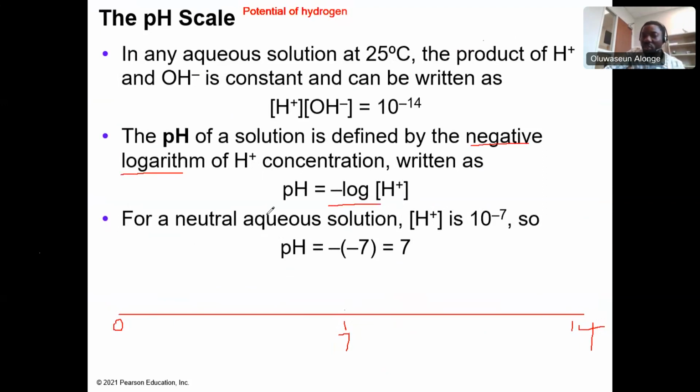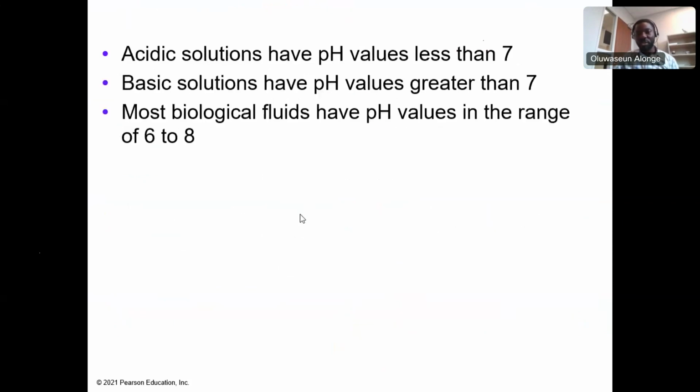For a neutral aqueous solution, the H plus concentration is 10 raised to the power -7, so the pH is going to be equal to the negative of -7, which is 7, because pH is in base 10.